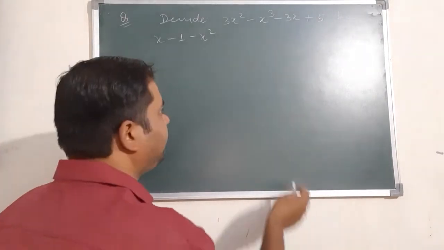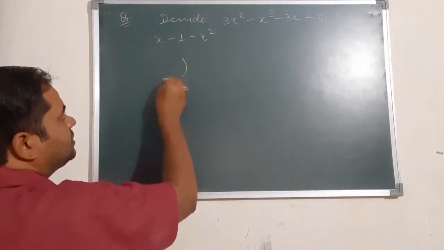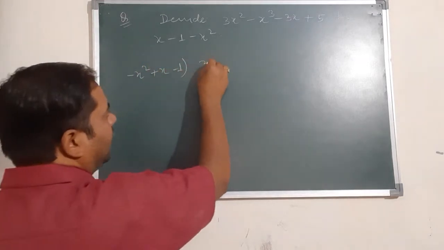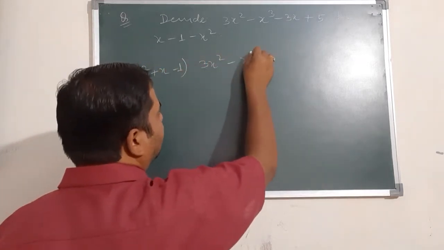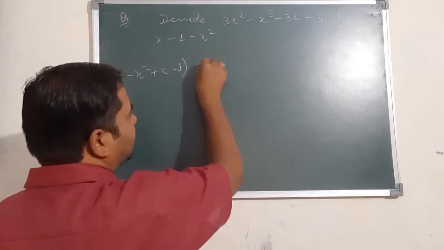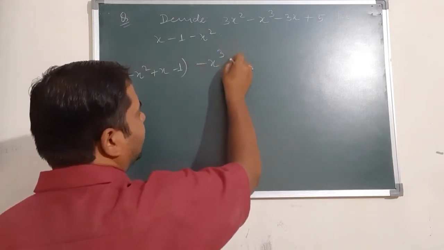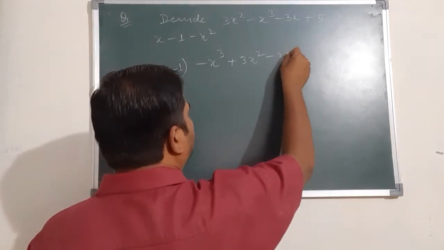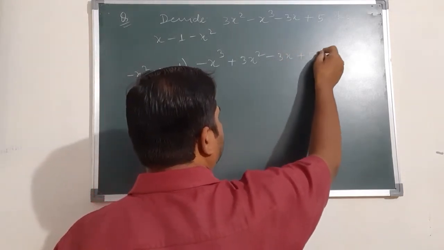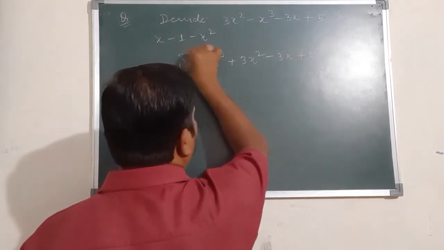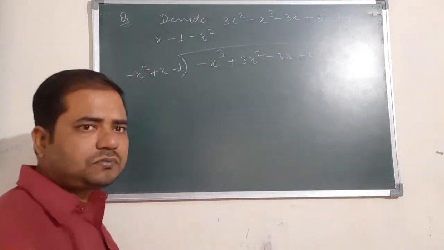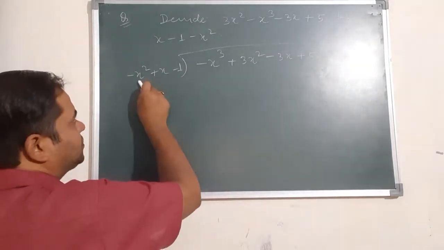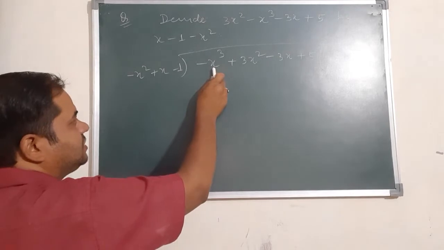So please see, this divisor is nothing but minus x square plus x minus 1, and the polynomial is 3x square minus x cube minus 3x plus 5. So we write it in the manner minus x cube plus 3x square minus 3x plus 5, and now divide it. First of all, what should we multiply in x square so that we get minus x cube?